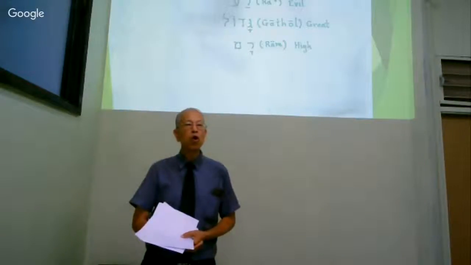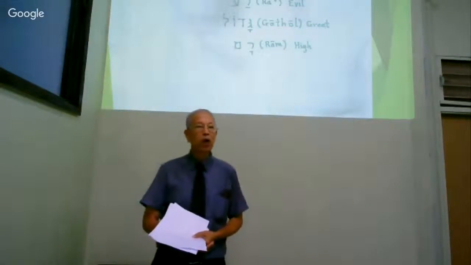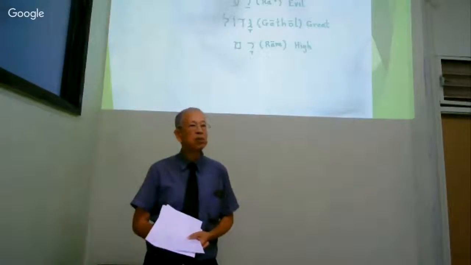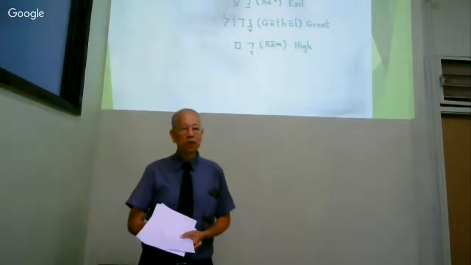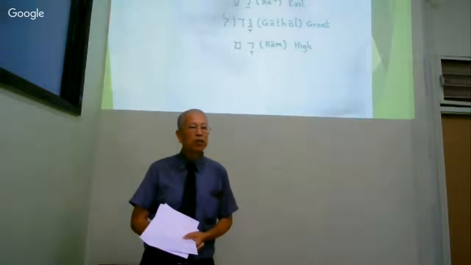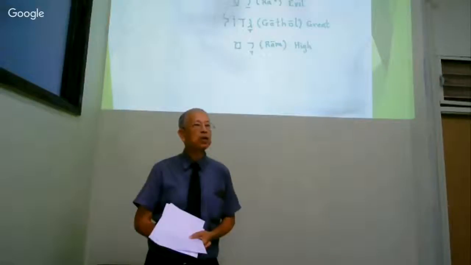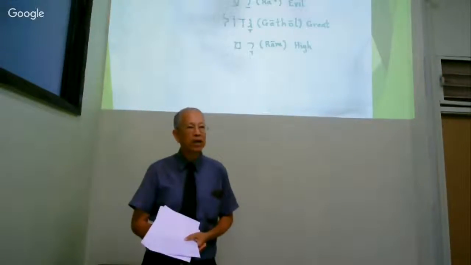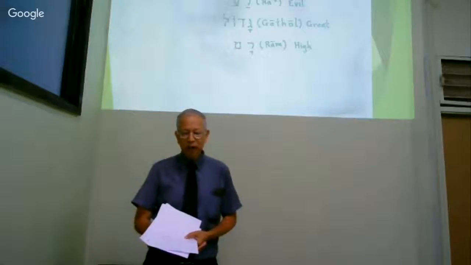Now, do you know the relationship between a noun and an adjective? A noun gives a name to a person, place, or thing, or idea. An adjective describes that person, place, or thing, or idea. So it is similar.